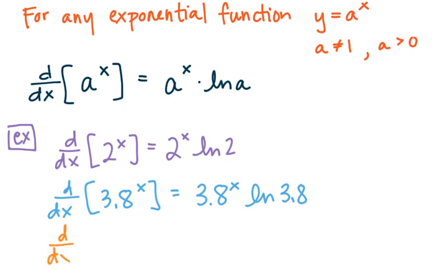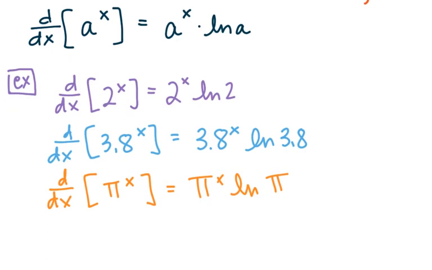d/dx of the number pi raised to the x would be pi to the x times the natural log of pi, pi being an irrational number. And the last piece we'll do here is the derivative with respect to x of e, Euler's number, raised to the variable power x.